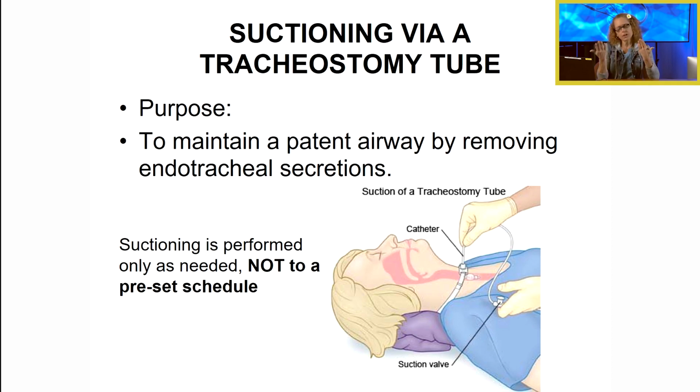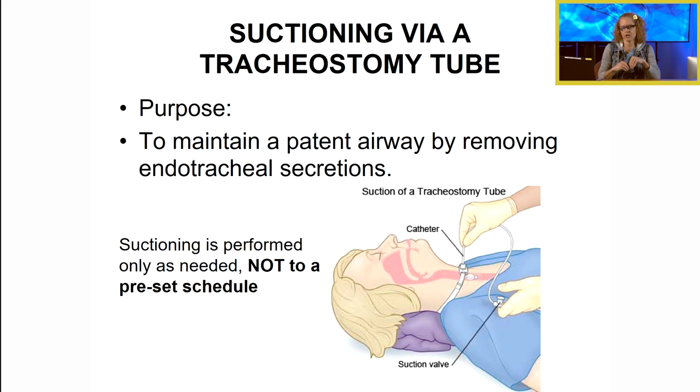Okay, so we're going to learn more about suctioning a trach tube in a different talk, but the purpose we mentioned before is to maintain a patent airway by removing endotracheal secretions. Suctioning is performed, though, only as needed. So you will not have an order from a physician or another provider to do this at a preset time.